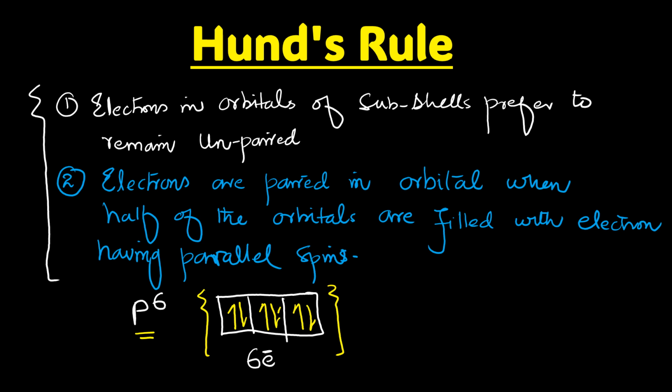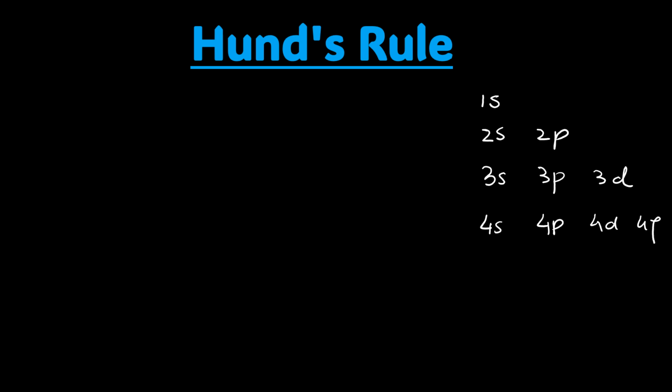So dear student, as you know, there is a trick for electronic configuration. First we write the 1s subshell, then 2s, 2p, then 3s, 3p, and 3d, then 4s, 4p, 4d, 4f subshells.